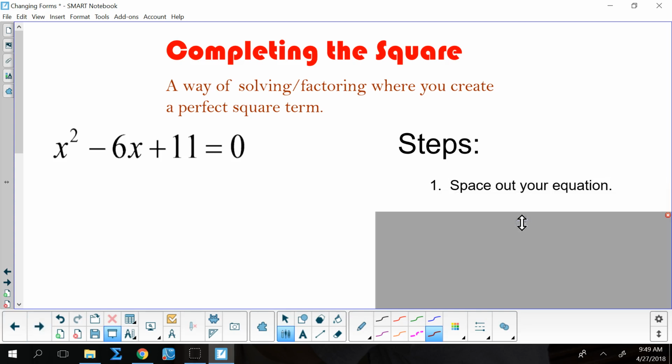But what you need to do is you definitely need to space out your equation. So in this particular case, I would put x squared minus 6x equals negative 11, and I would have this gap after the 6x term.